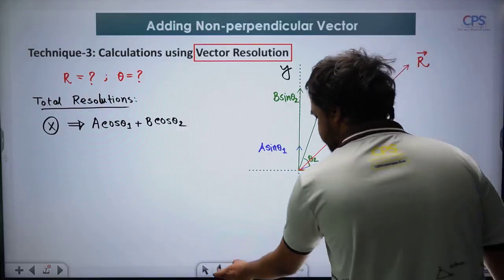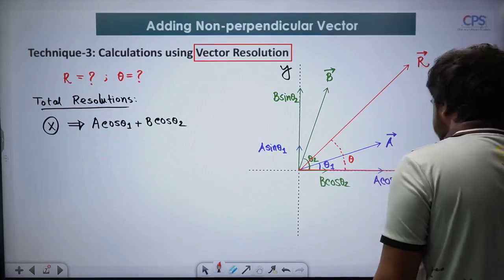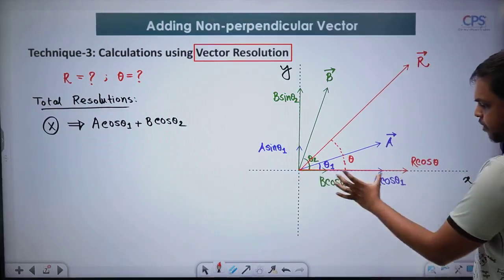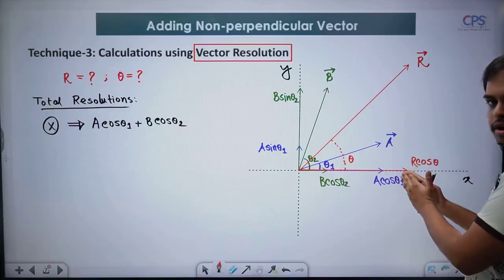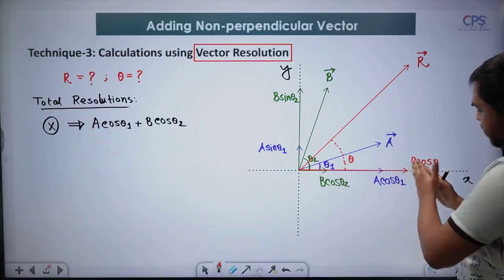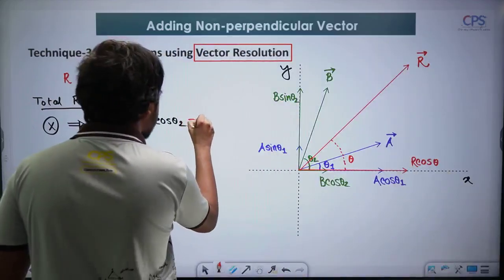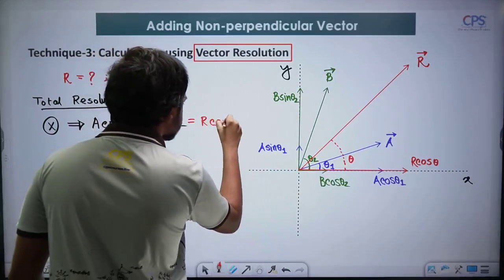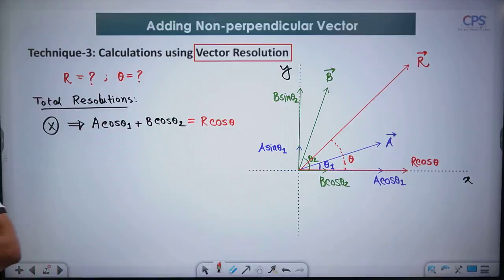And how do you get this? You get this by summing B cos theta 2 with A cos theta 1, and you will get perfectly that R cos theta. So this one will be R cos theta, the total resultant, okay?